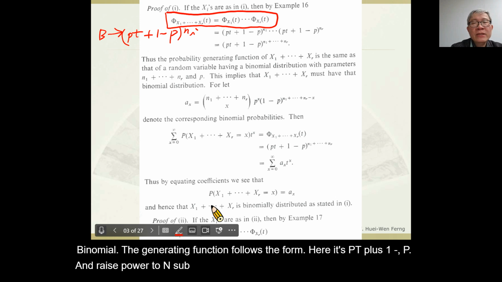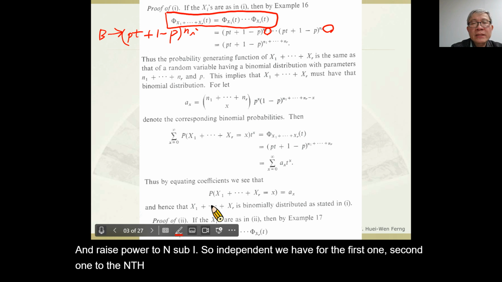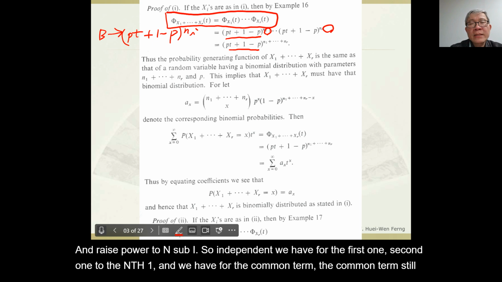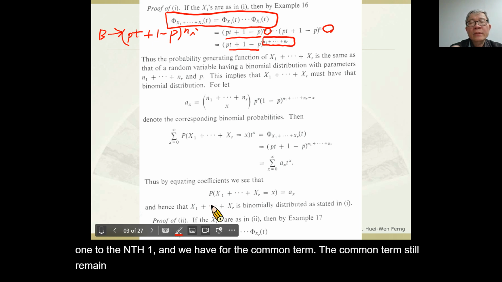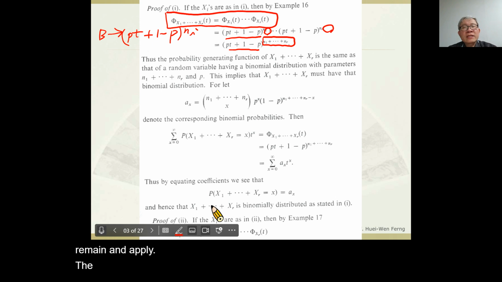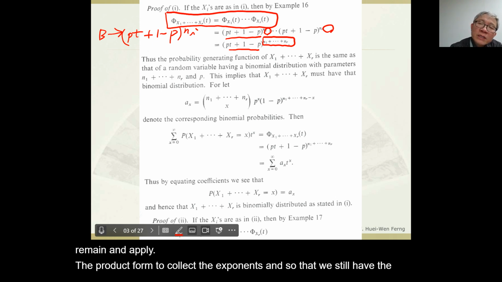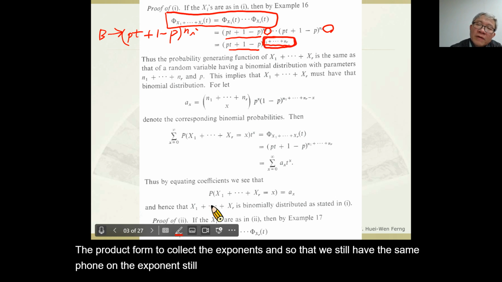So for independent variables, we have the first one, the second one, to the nth one, and we have the common term. The common term still remains, and applying the product form we collect the exponents, so that we still have the same form. All the exponents still have the form of the generating function of a binomial.